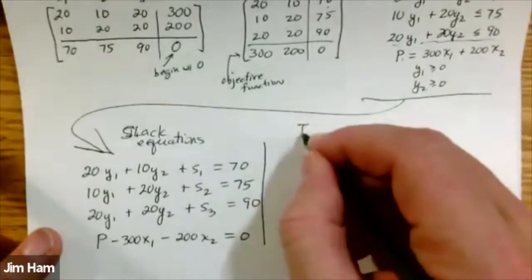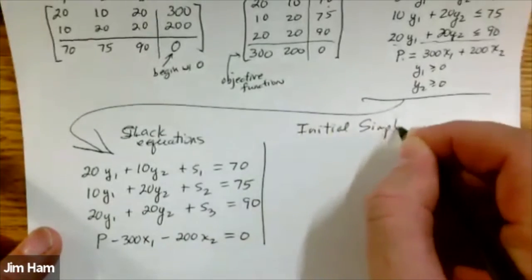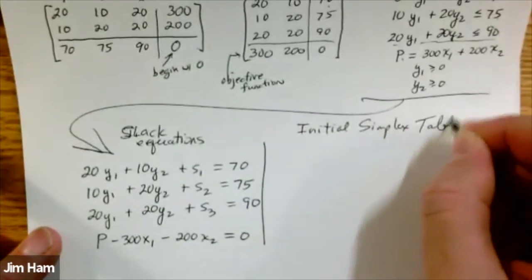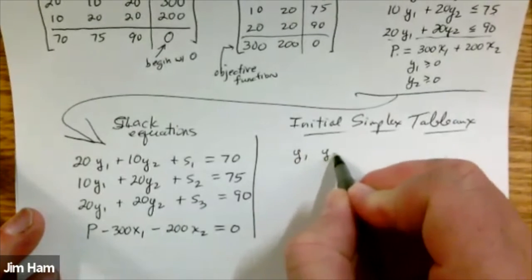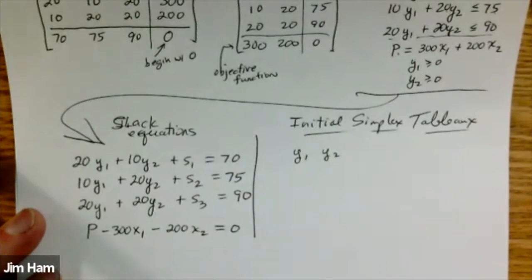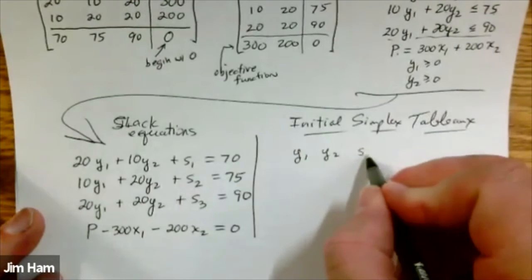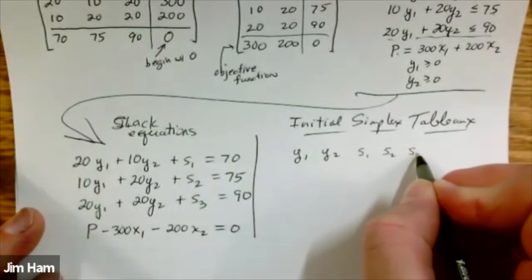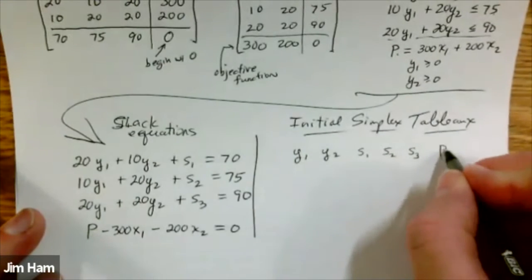Next step would be to write the initial simplex tableau. So the y's come first. We have y1 and y2, no other y's, just those two. Then we list the slack variables, s1, s2, and s3. Then we list the variable associated with our objective function, p.